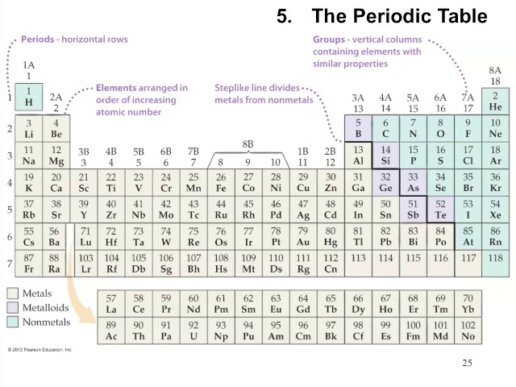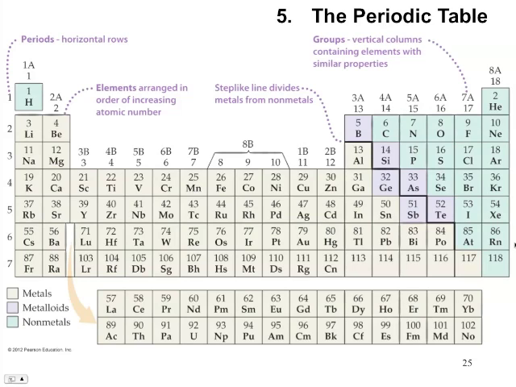At a given temperature, you can draw them into wires, so that's a property of ductility. They conduct heat and electricity pretty well, and all of the metals are solids at room temperature with one exception. Element 80 is mercury. It's a liquid at room temperature, and gallium is almost a liquid at room temperature. Solid gallium will melt in your hand.